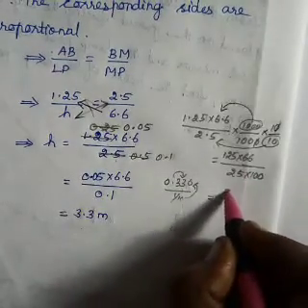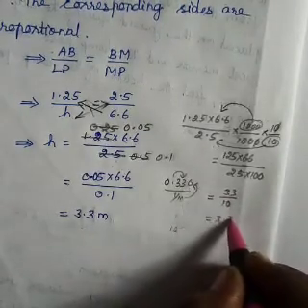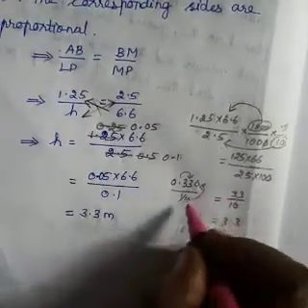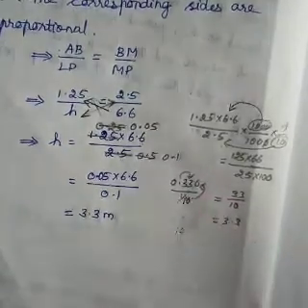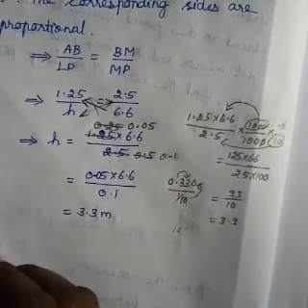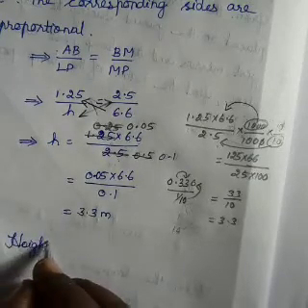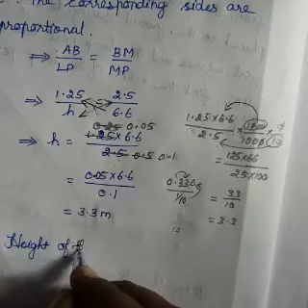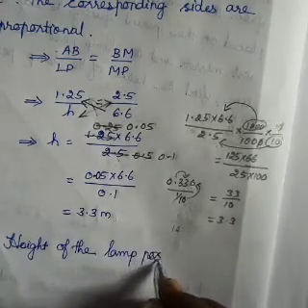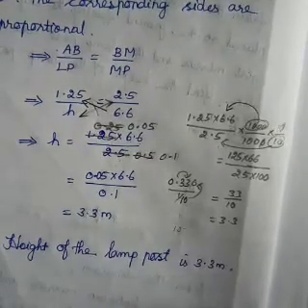Okay, here you will get 33 by 10. Then you will get this 3.3. Okay. Which is easy for you, do it. So you will get the height value as 3.3 meter. That is the answer. Height of the lamp post is 3.3 meter. Are you all clear?